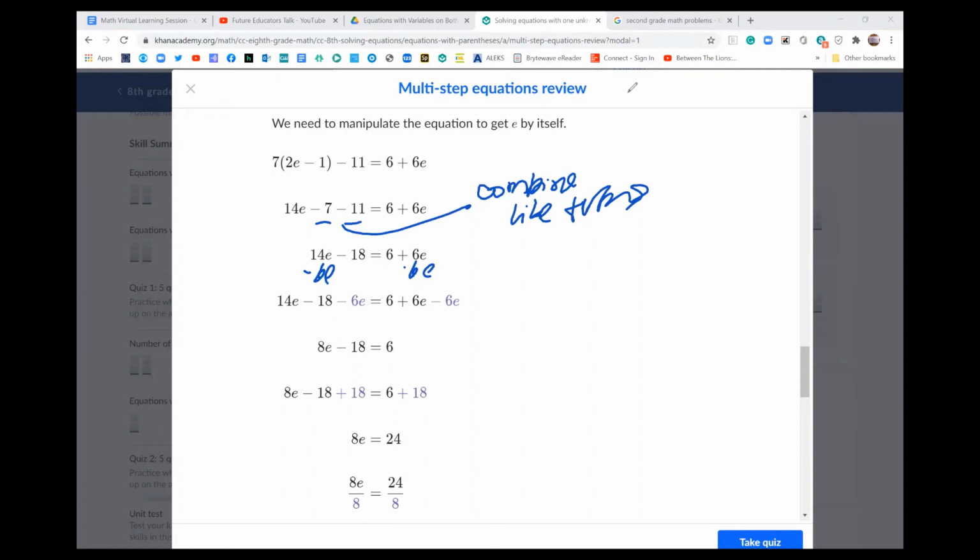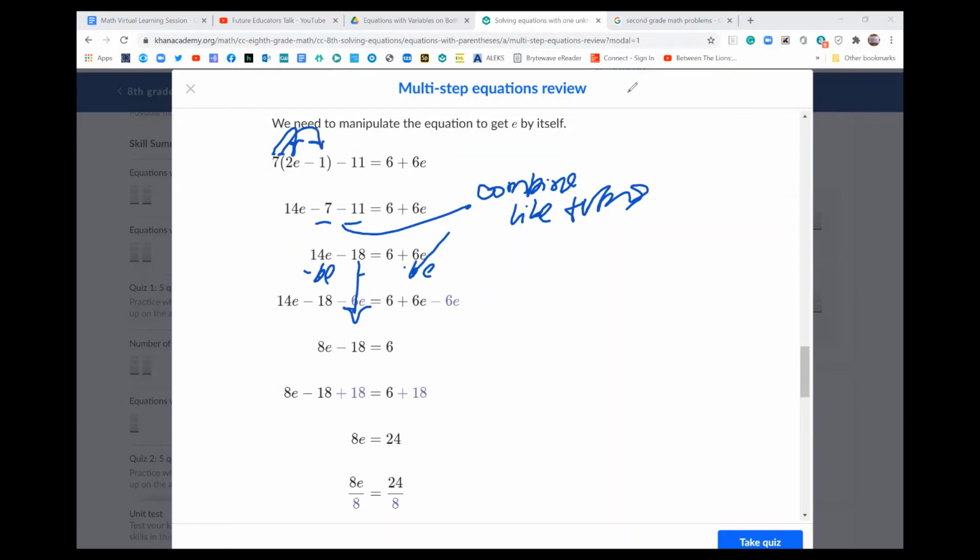Now, what's 14E minus 6E? It gives me 8E. So you're going to bring down your 8E, and bring down your negative 18 equals 6, because 6E minus 6E is 0. So those cross out.